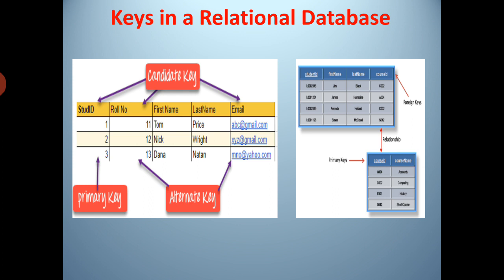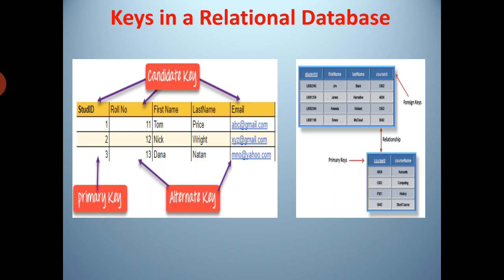Composite primary key. If no single attribute in a relation is able to uniquely distinguish the tuples, then more than one attribute is taken together as the primary key. Such a primary key consisting of more than one attribute is called a composite primary key.